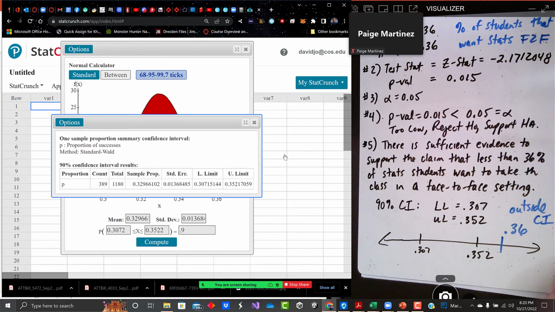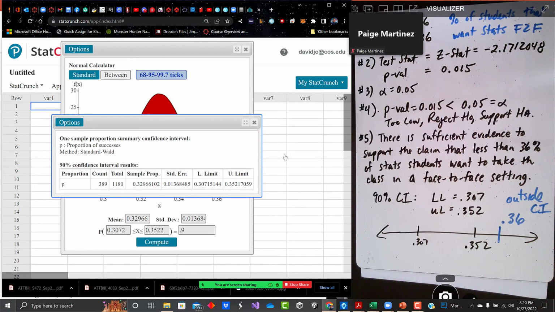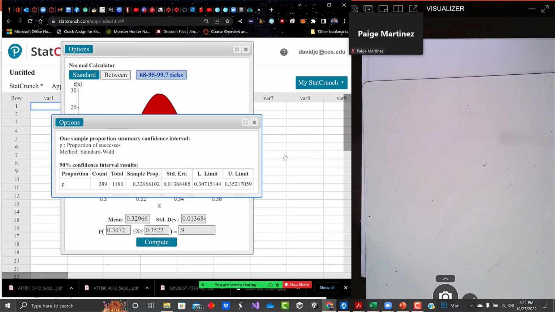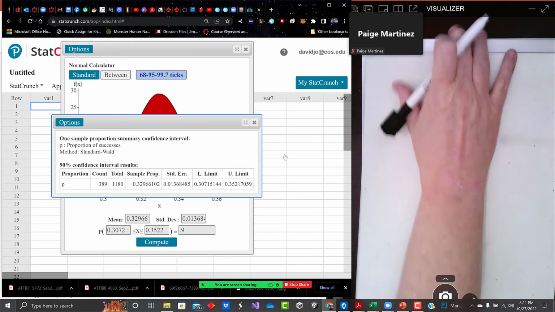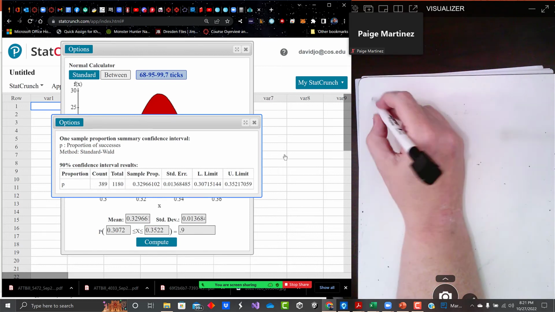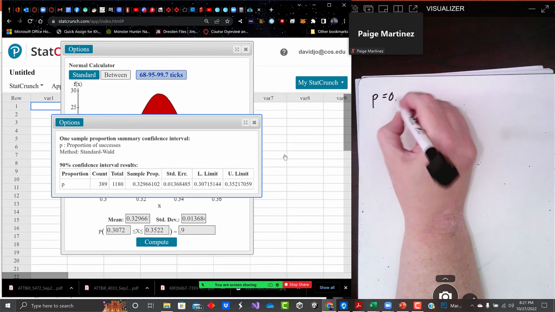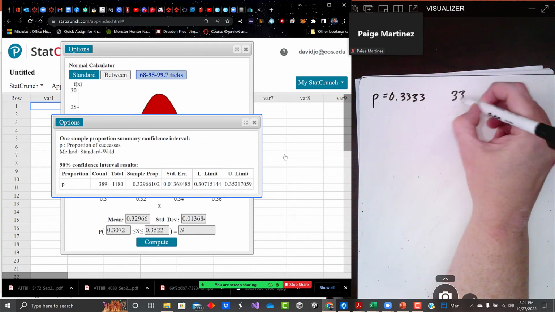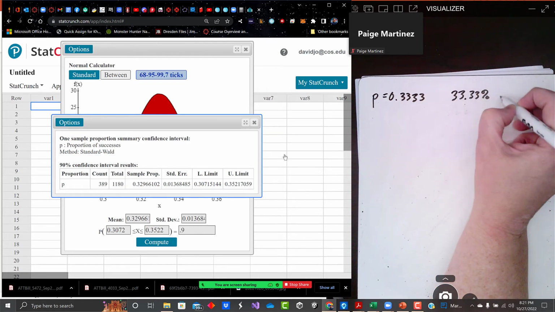What happens if we change it to 33% though? What if we said 33.3%? 1/3. So what if I change this to say P was 0.3333? 33.33%, or 1/3.